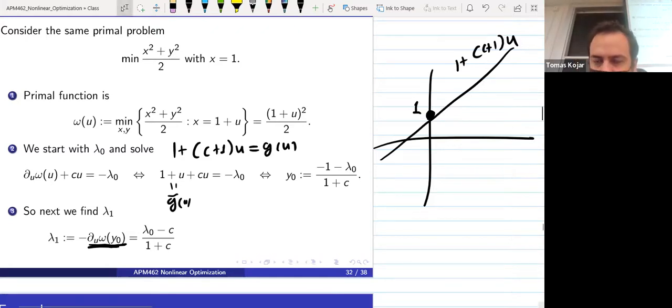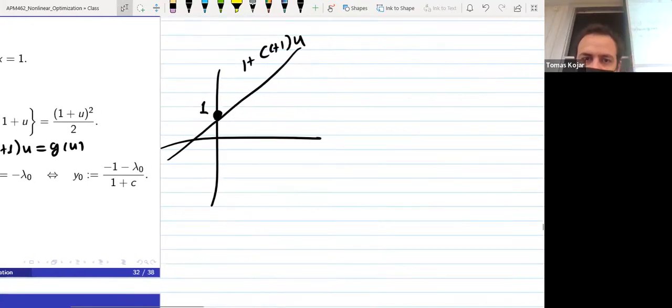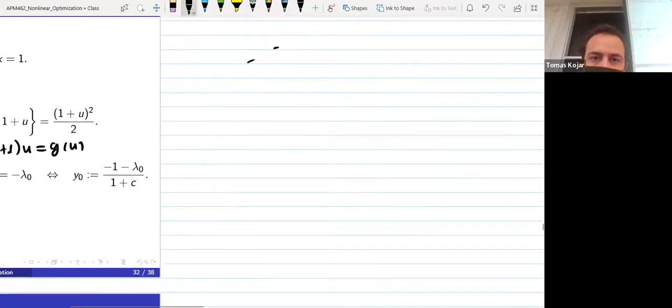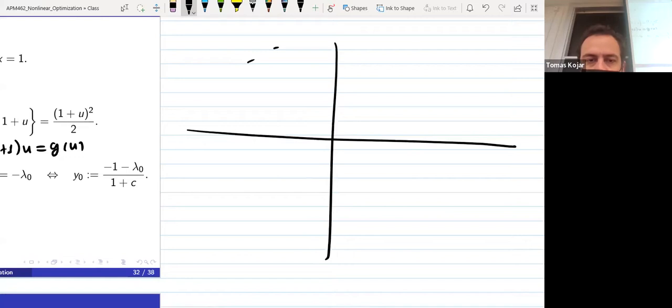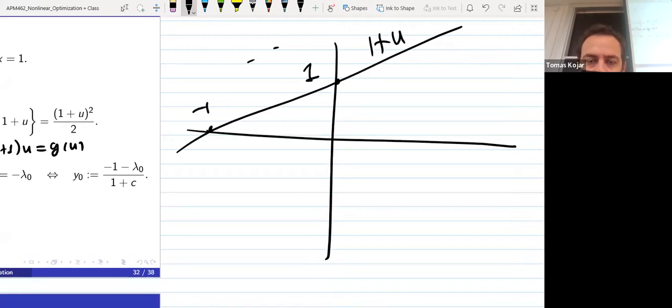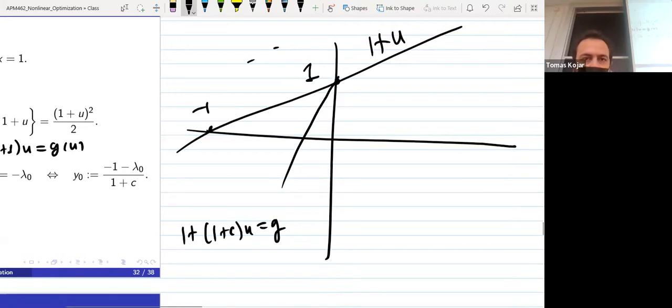Let me draw this bigger because it's nice. This guy goes like this. This is the 1 plus u. And the other guy was 1 plus cu equal to your function. If this is 0, it goes like this, in a different color.